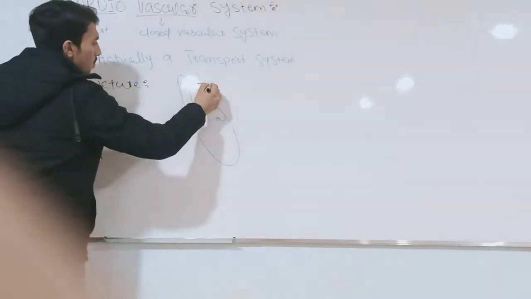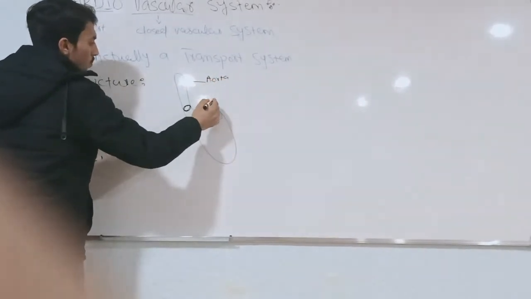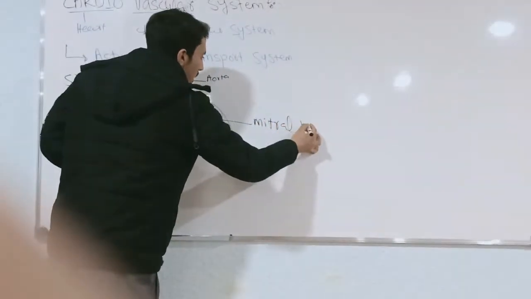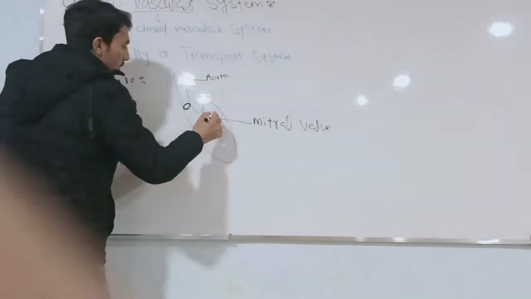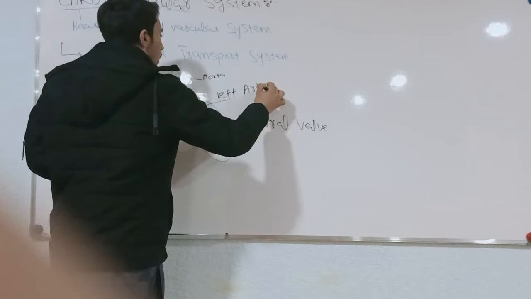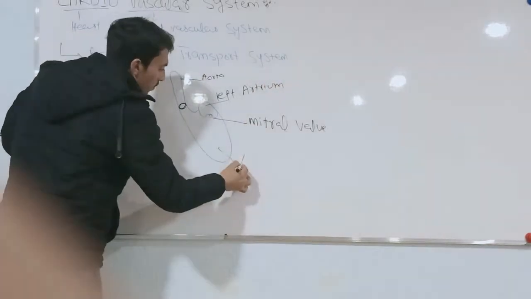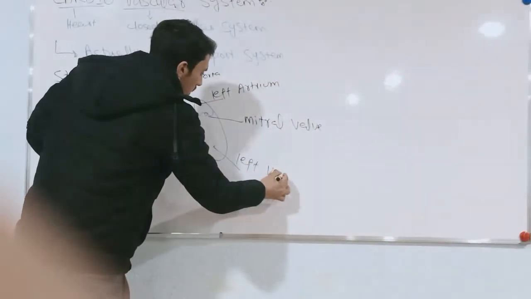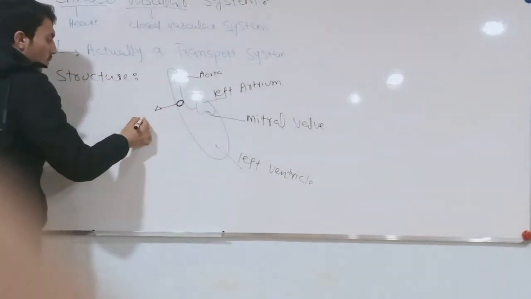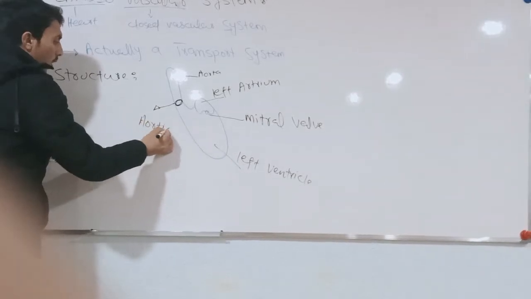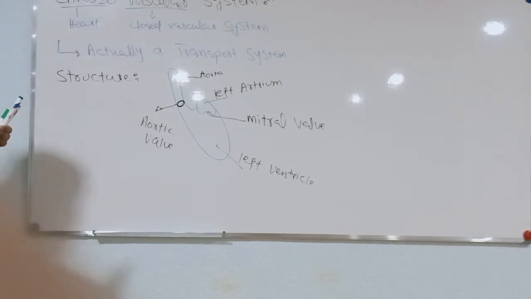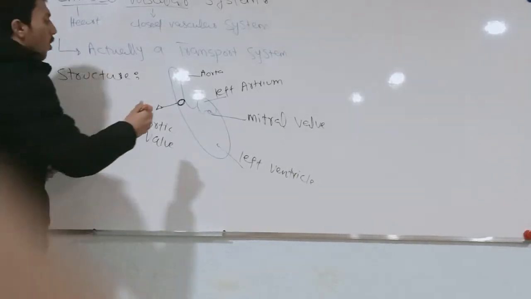This is the aorta. This is the mitral valve. This is the left atrium. This is the left ventricle. This is the aortic valve, and this is the aorta.